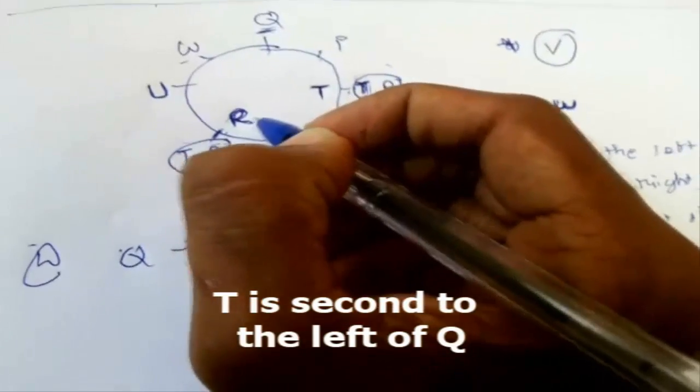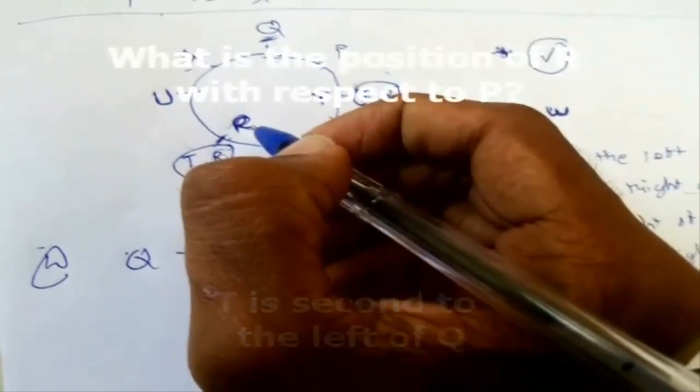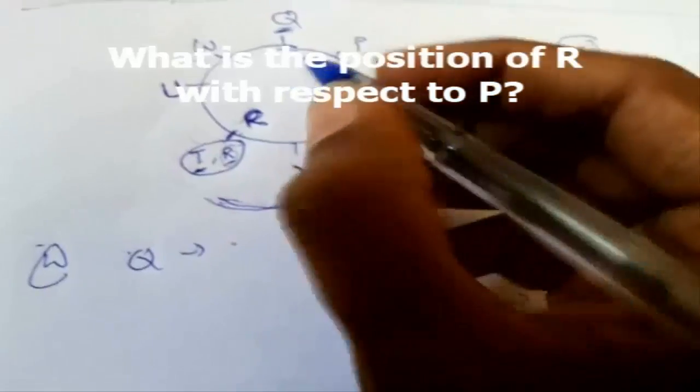So in this case, what will be the position of R with respect to P?